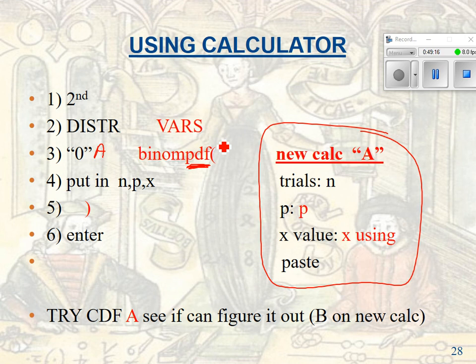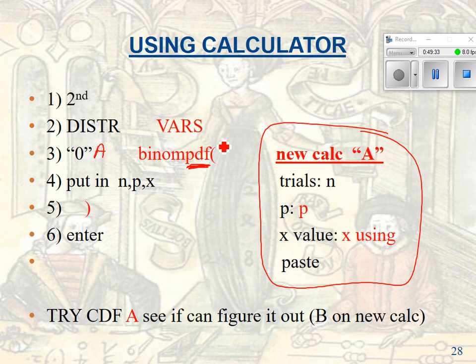On mine, if I just hit the 0 key, it takes me there. As long as you know how to do it on your calculator. Yeah, if you go past 9, it scrolls down.